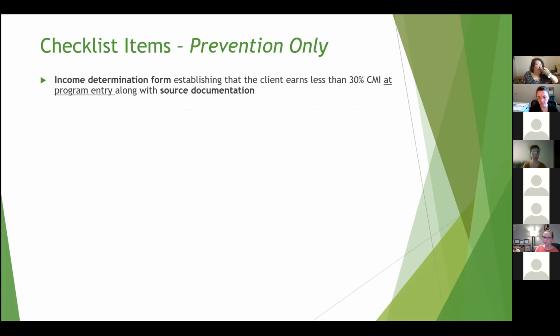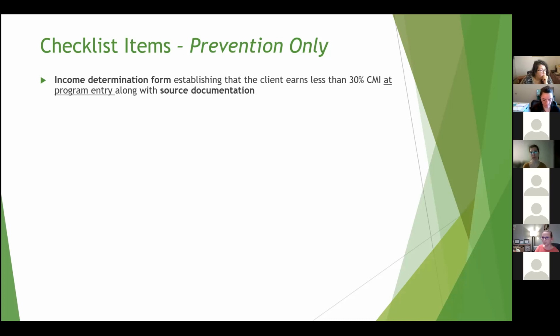All right. So next, this one is only applicable to prevention. That's that income determination form at program entry. This is something that used to be required for RAPID, but it's not required by statute for RAPID. For rapid rehousing, the only time the income comes into play is at recertification, not at program entry.